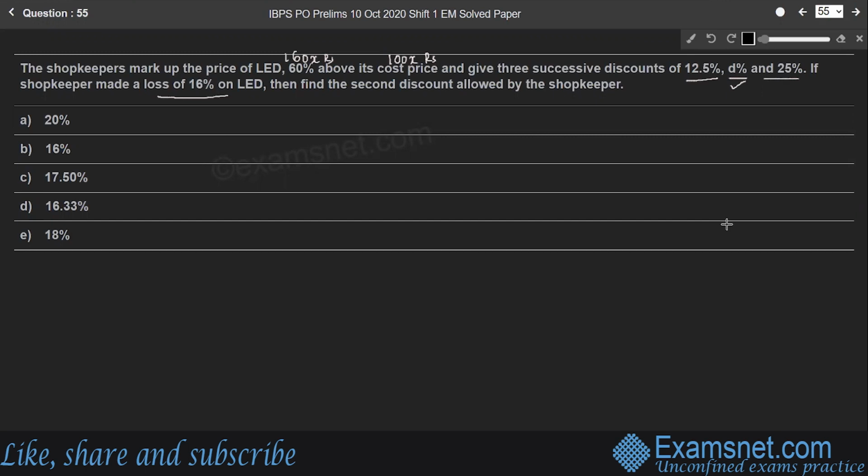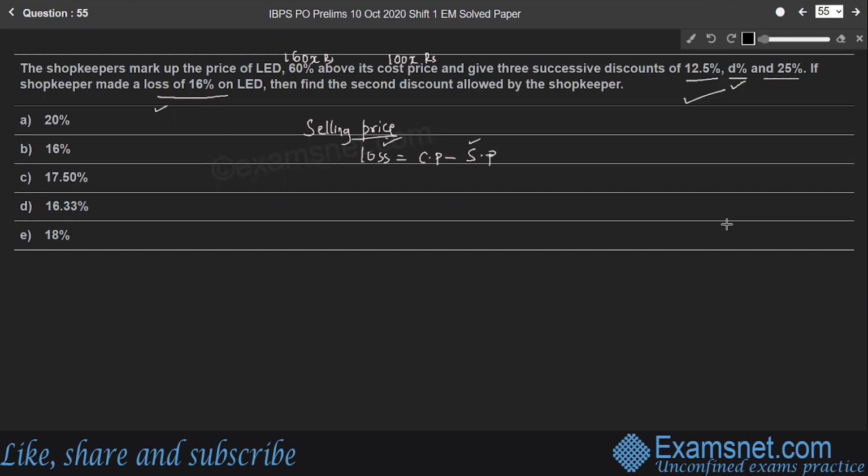Therefore, how to find the second discount? For that, we need the selling price. The selling price of the LED depends on the 3 successive discounts. And how are loss and selling price related? Loss is always cost price minus selling price, so loss depends on the selling price.